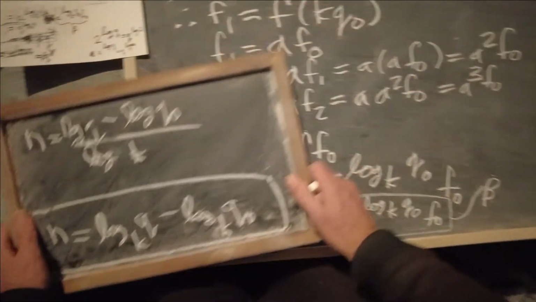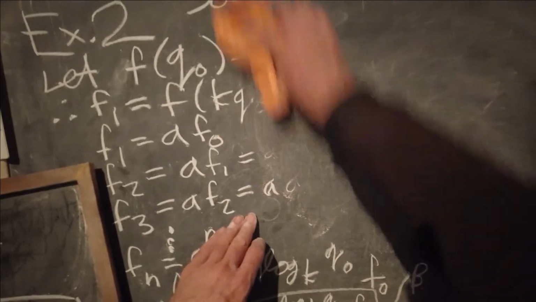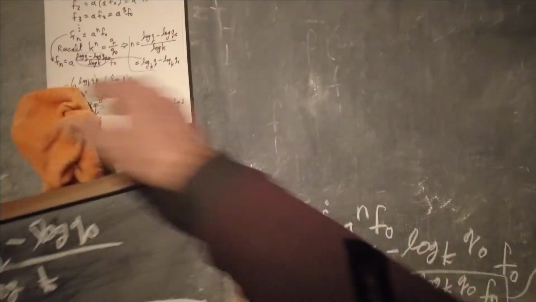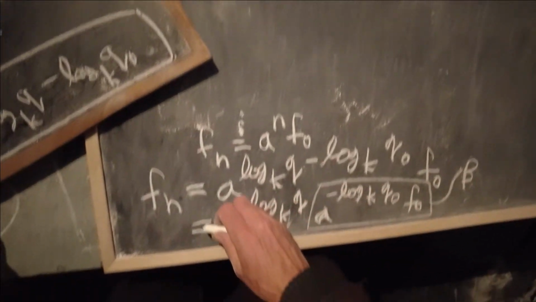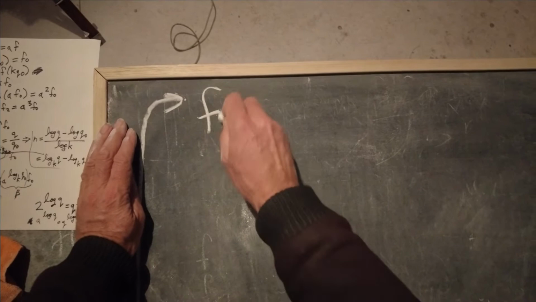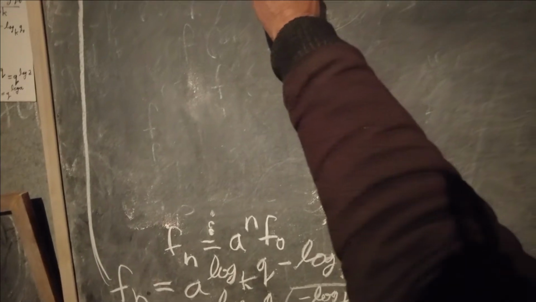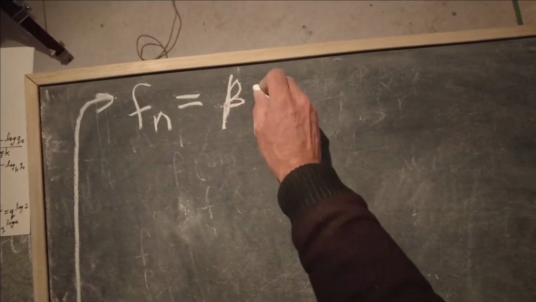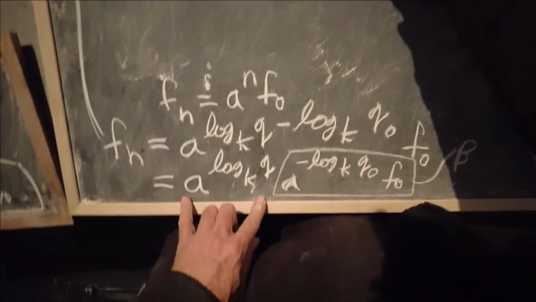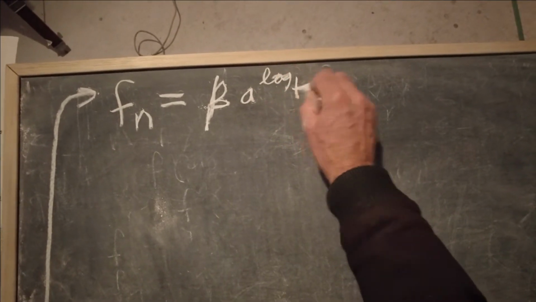And now if we just continue up here, we have fn is equal to beta times a to the log k of q.